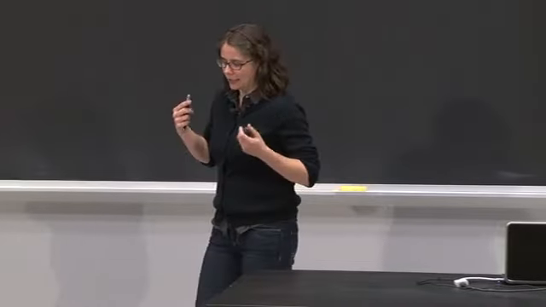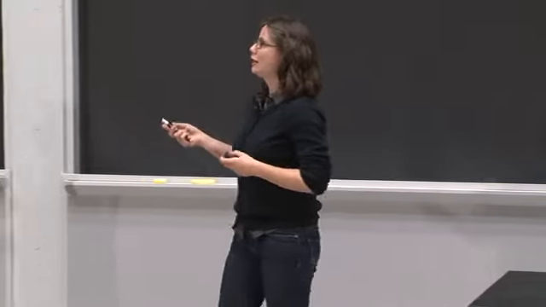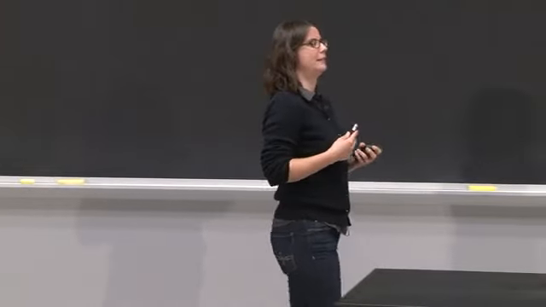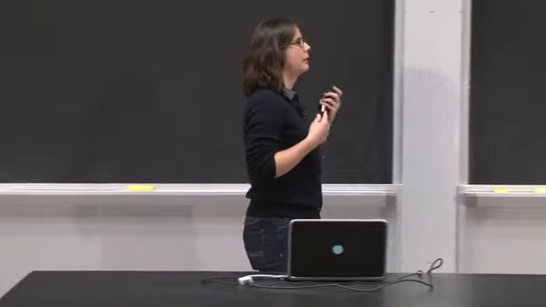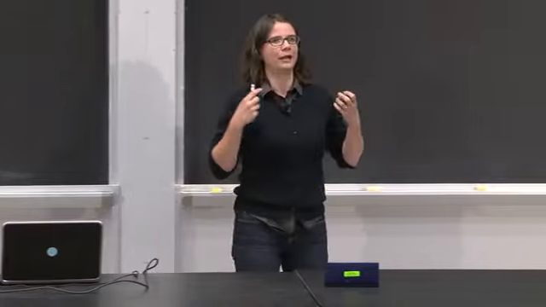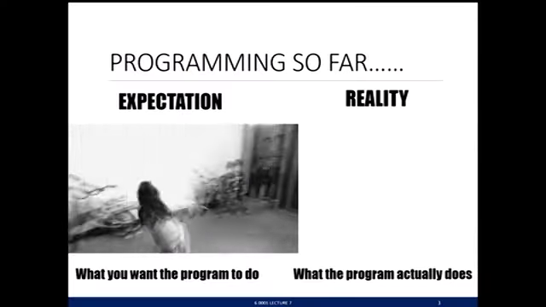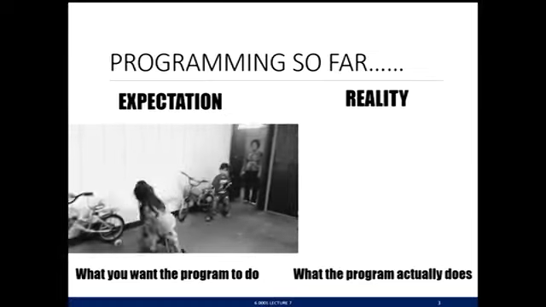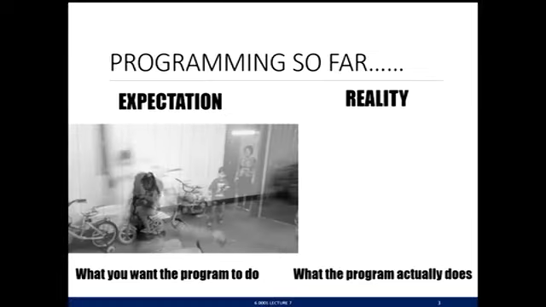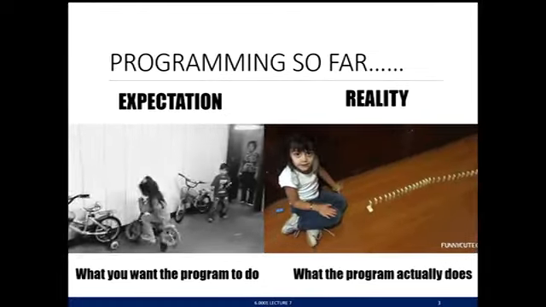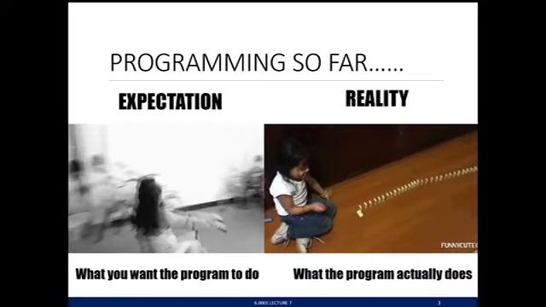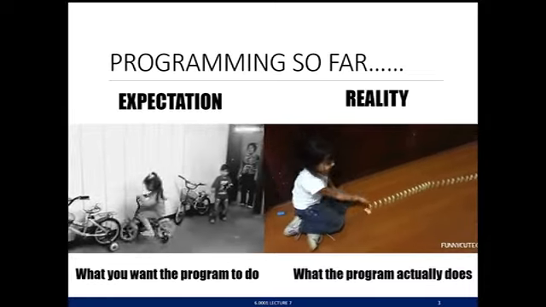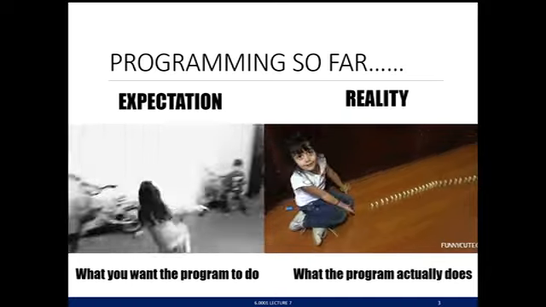Okay, so let's talk a little bit about programming so far in 6.0001 or 600. So you expect really that you write a program, you maybe do a little debugging, and you run the program and it's perfect, right? You just nailed it. But in reality, you write this really complex piece of code and you go to run it and it crashes, right?